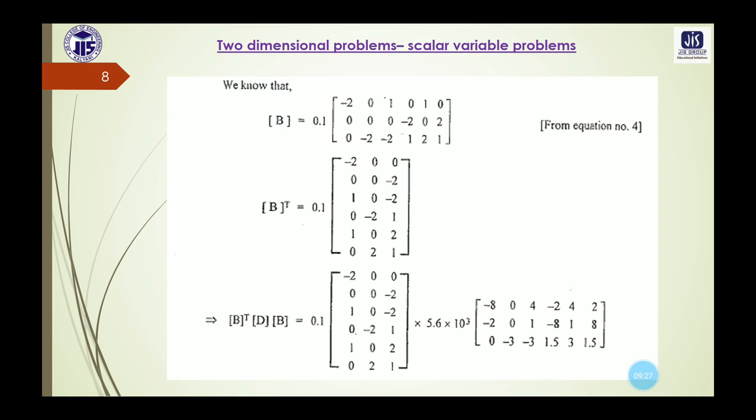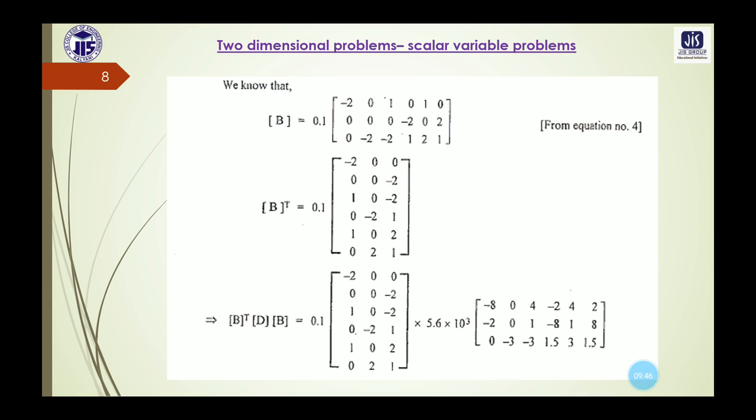Now to calculate the stiffness matrix, we have seen that there is a multiplication of B transpose, D and B. So multiplication of these three different matrices is there.